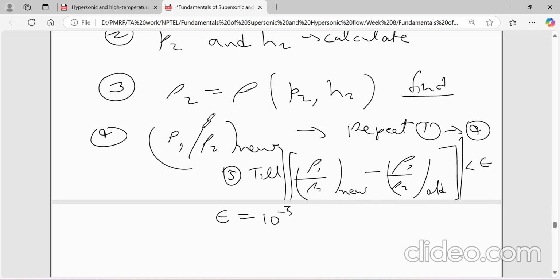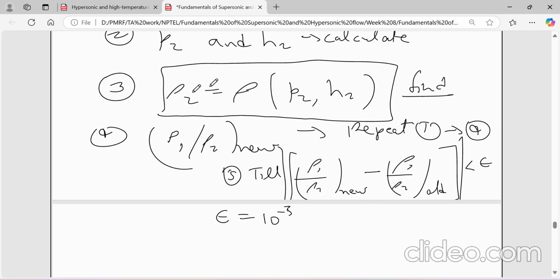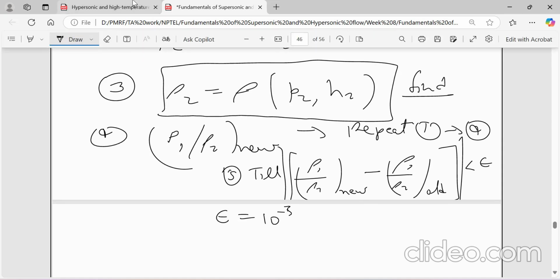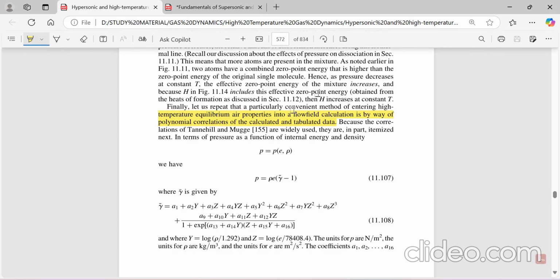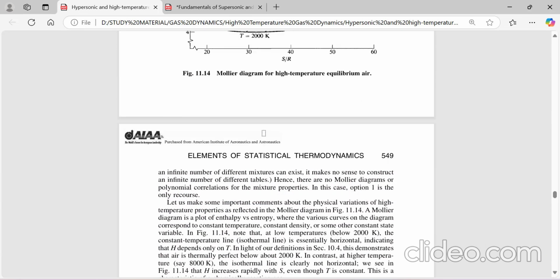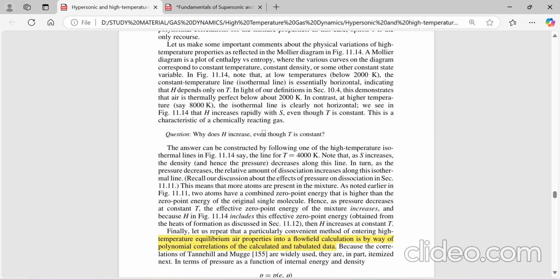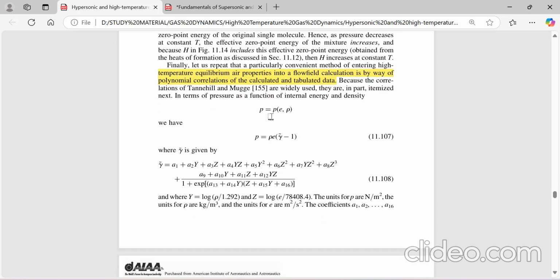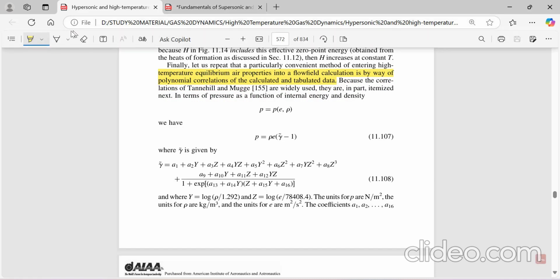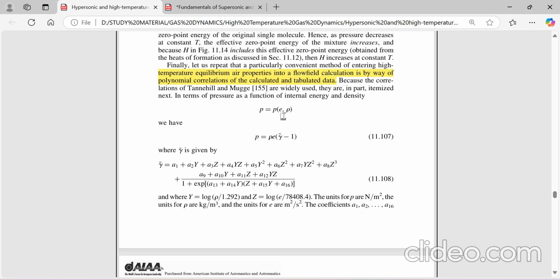And one more thing we have used is this functional relationship of rho, which depends on pressure and enthalpy. This can be found in Tannehill's curve fit, which is given in chapter 11 of this Hypersonic and High Temperature Gas Dynamics book. In this, many curve fits are given, and these are the polynomial correlations of the calculated and tabulated data.